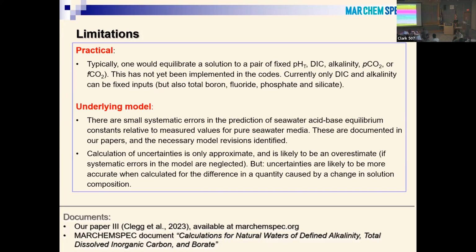The systematic errors tend to cancel in that case. Now, our calculation of uncertainties also is only approximate, and it's likely to be an overestimate rather than an underestimate if the systematic errors in the model are neglected. And these uncertainties, again, are likely to be more accurate in an absolute sense when calculated for a change in a quantity between two compositions.